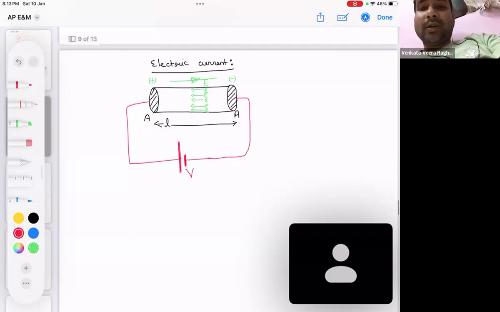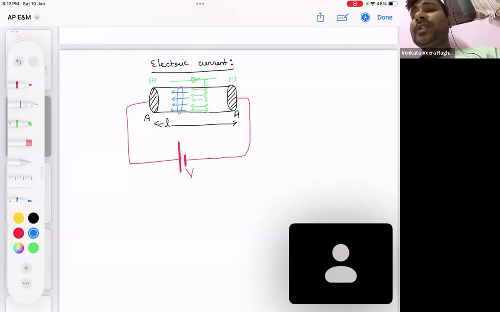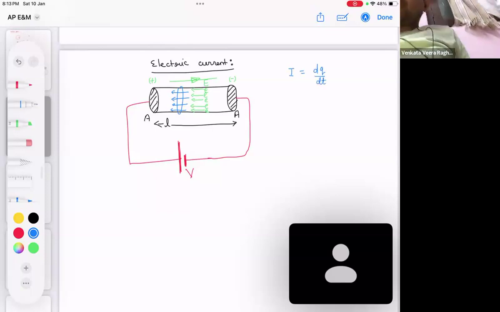So at any moment, these electrons are going to cross a cross-section area of the conductor. How much charge is crossing per unit time through a cross section? That is called the current. Current is the amount of charge crossing a section of a conductor per unit time.